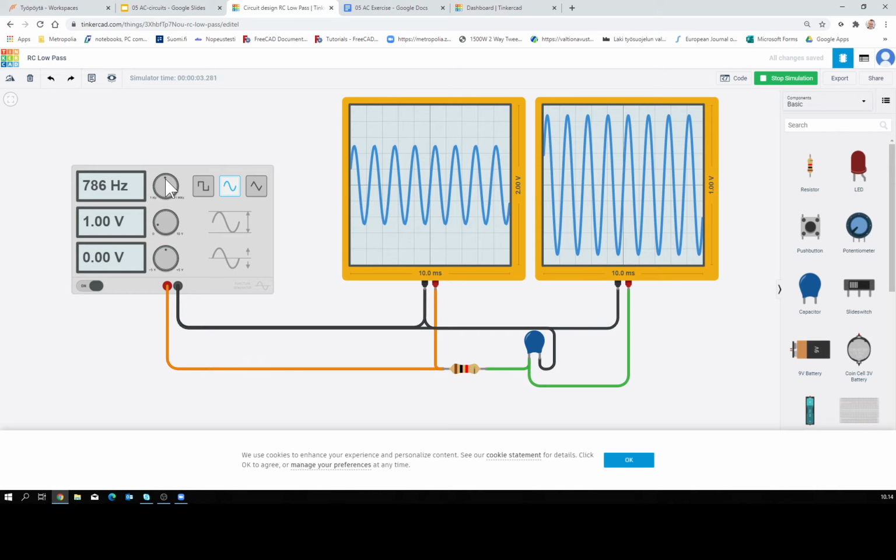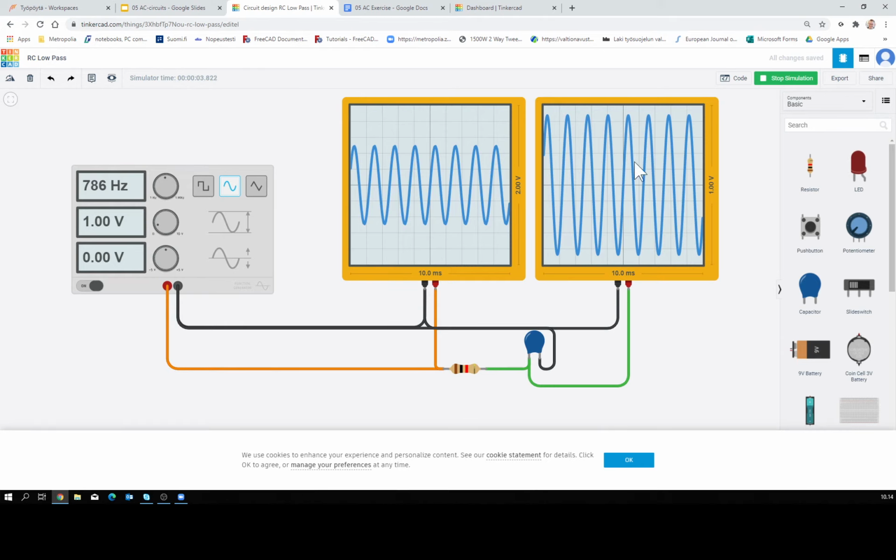Okay, now something changed around 800 Hertz. The input amplitude is still the same. So input peak to peak amplitude actually is 1 volt. So, wait a minute. 1 volt. Yeah, yes, it's 1 volt peak to peak. But now it has attenuated.